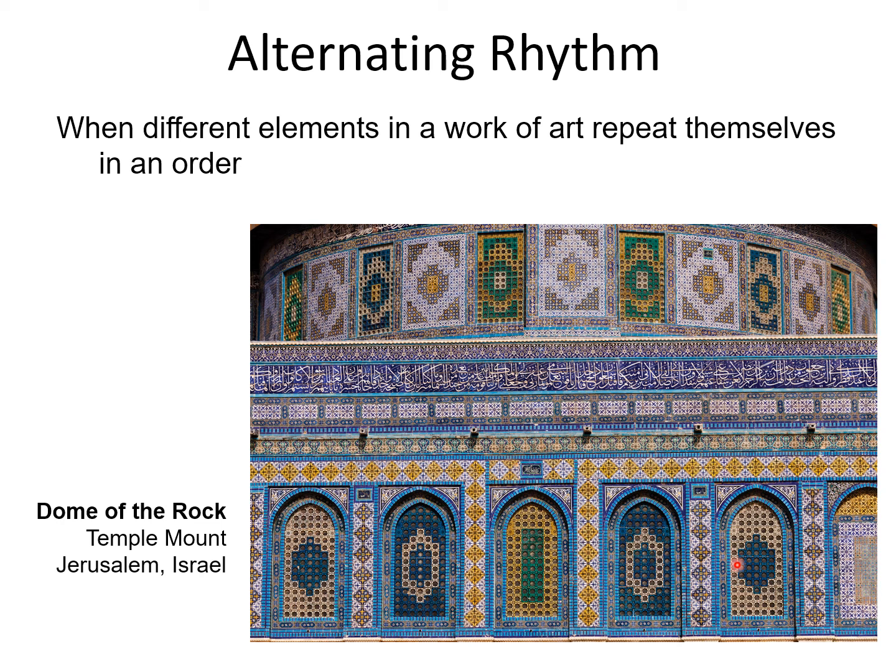The arcades are very similar in their shape, but within each one, color changes and the geometric design changes from one to the next. But there is recurrence from this one to its similar one here, 1, 2, 3, 4 bays, whereas this one here is repeated only 2 bays apart. So the rhythm is alternating between 4 and 2.